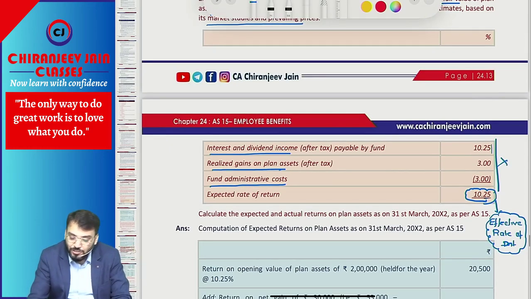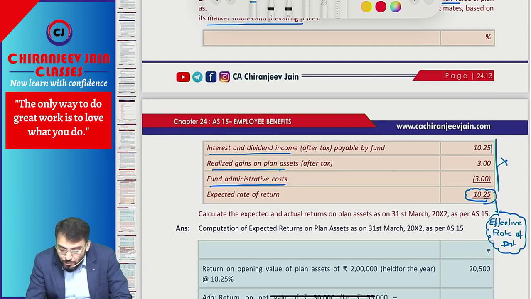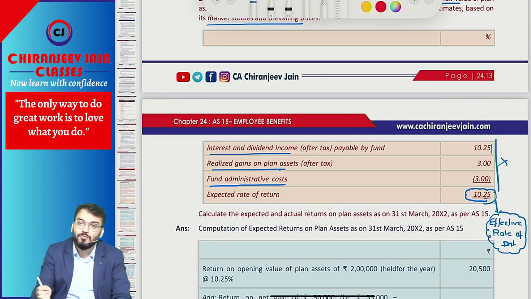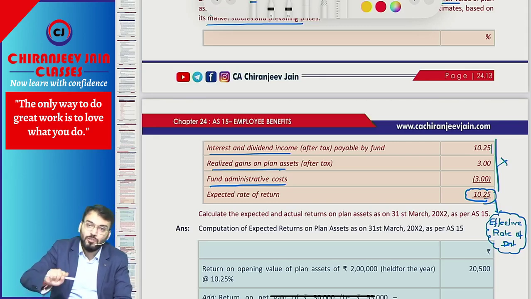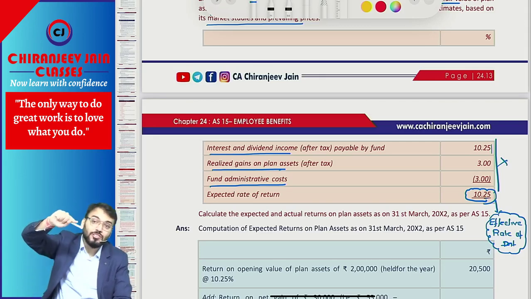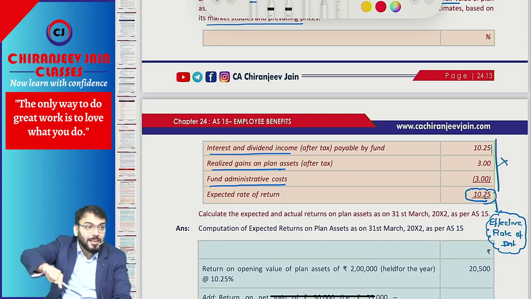First, have you understood this 10.25%? We have assumed it is the effective rate of interest on annual basis, and from that we need to calculate the rate of interest which is compounded half yearly. In my question I had given 10%, and in this question they have given 10.25%.